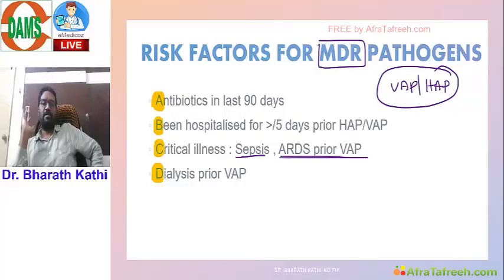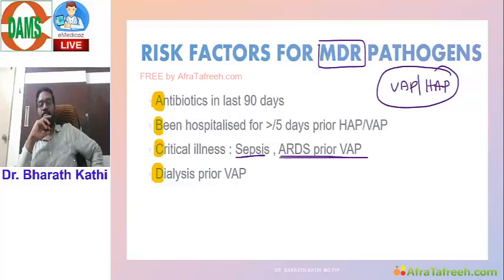The patient is critically ill, in sepsis or ARDS prior to VAP, and again it shows the patient's defense mechanisms are completely knocked down. So this patient requires higher antibiotics against MDR pathogens. And dialysis prior to VAP is also a risk factor for development of multi-drug resistant pathogens.